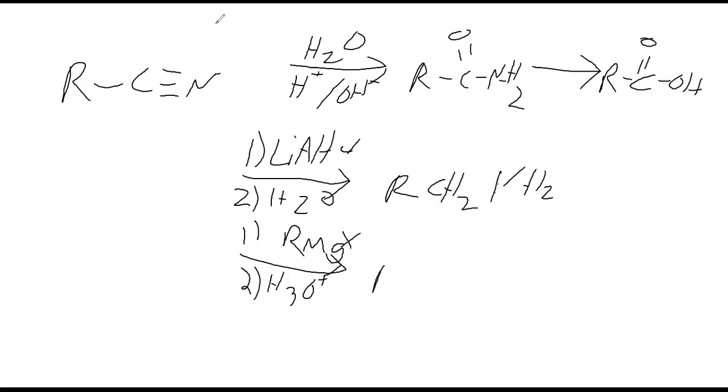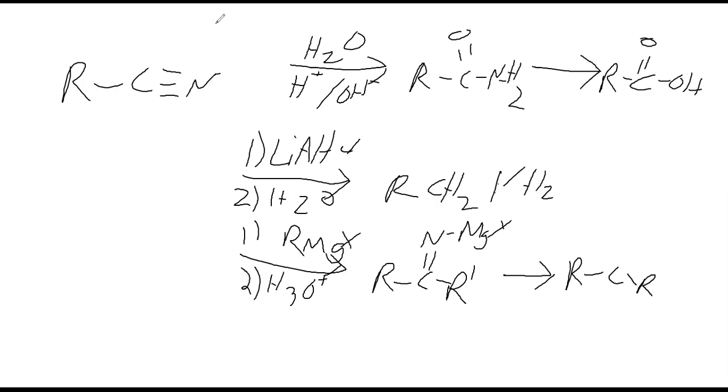So essentially this is the intermediate. In the presence of acid, then we can kick out the imine and form a ketone.